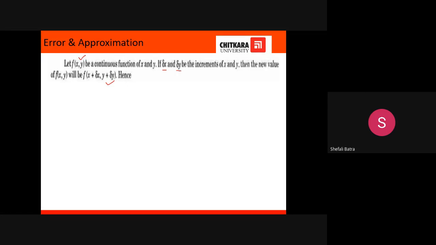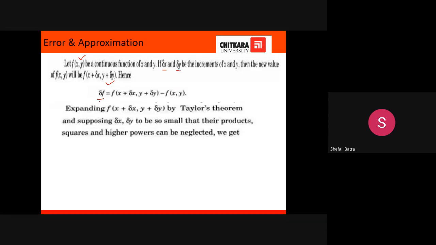So we define the error in f, delta f, as the new value minus the old value. So I'm writing this is the new value f of x plus delta x comma y plus delta y minus the old value f of x comma y, or you can say that this is the observed value minus the actual value. That is your error.